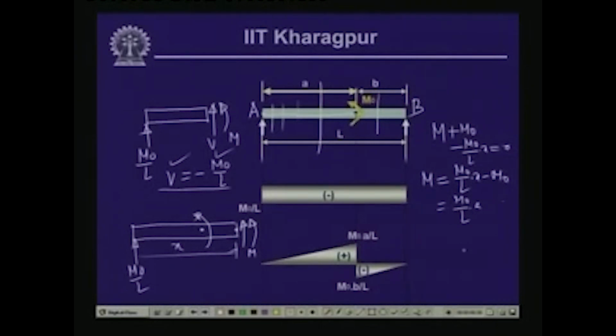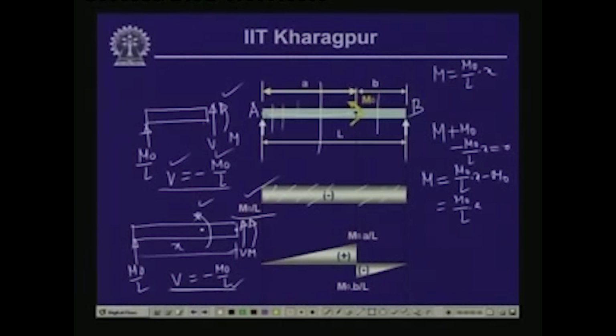Well, this is about the bending moment, and about the shear force what happens? This is V. So, V again equals minus m0 by L, and this moment does not have any effect on the vertical force, and hence the shear force is constant from here to here, which equals minus m0 by L. So, over the entire length of the beam, the value of the shear force equals minus m0 by L. Now, looking into the bending moment for this segment, m equals m0 by L into x from here to here.